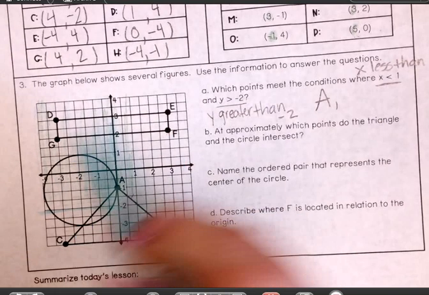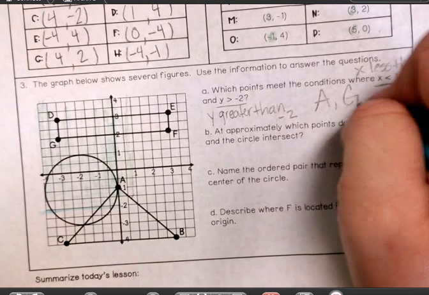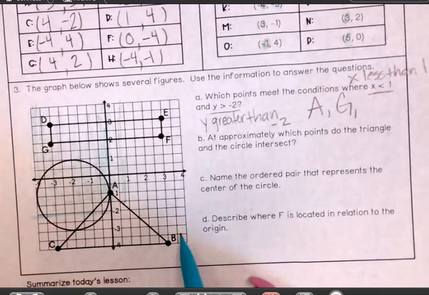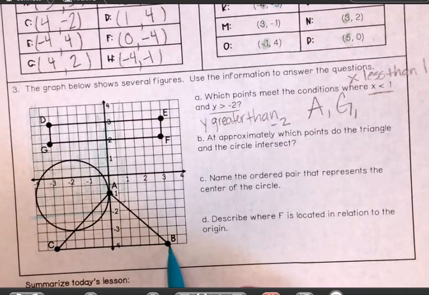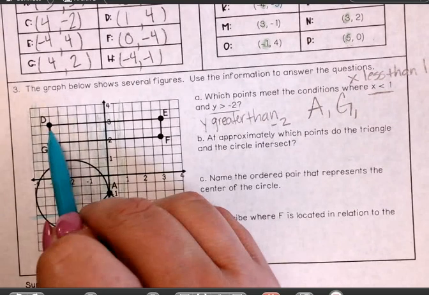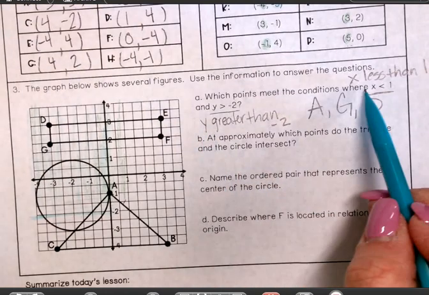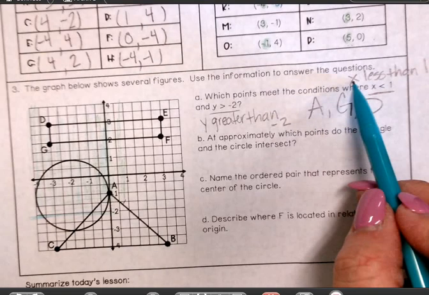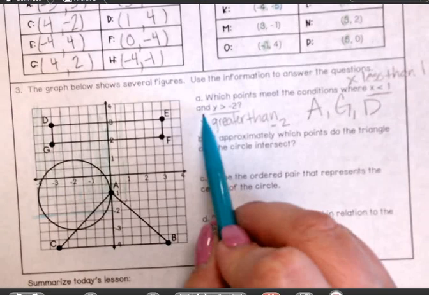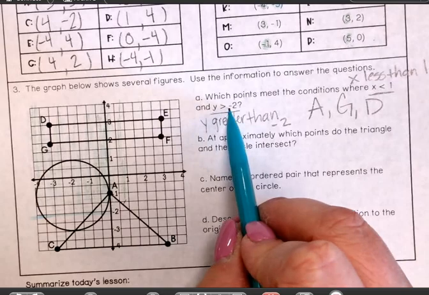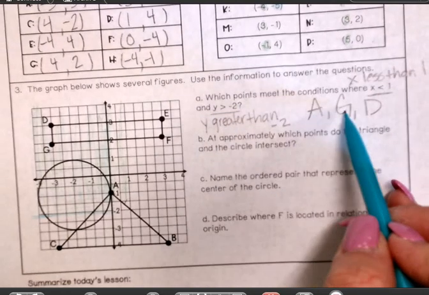Yes. What about B? No. What about D? Yes. So the points that meet the conditions where x is less than 1 and y is greater than -2 are A, G, D.